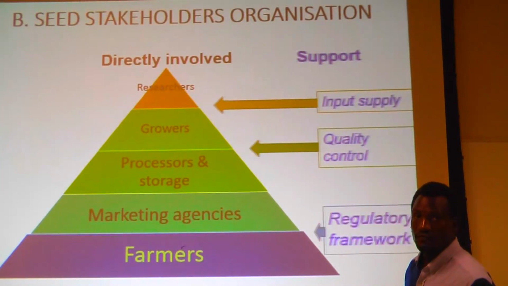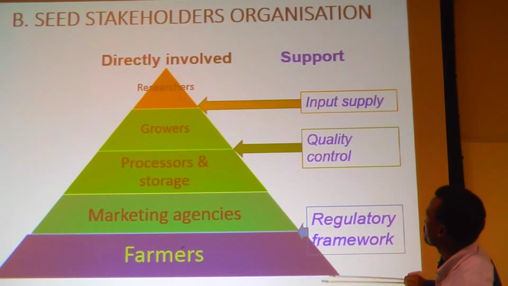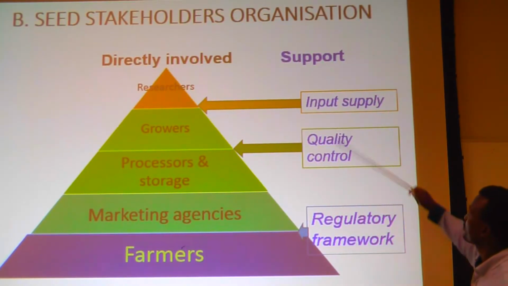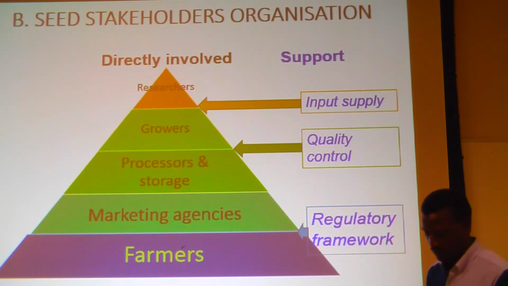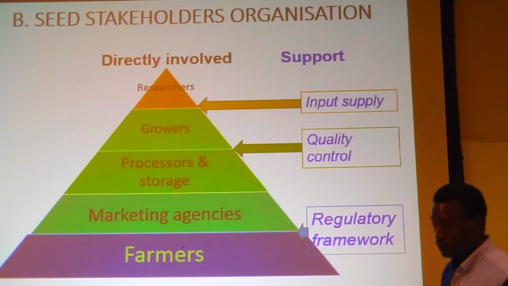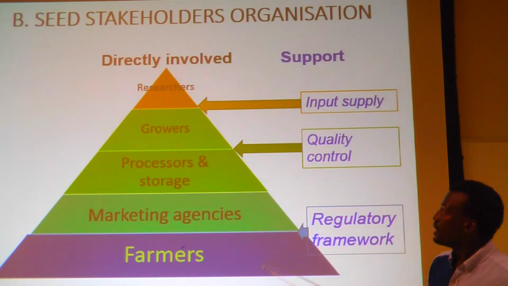We also have those that are not directly involved. Those play a supportive function. For example, input suppliers, quality controllers, and regulatory bodies. So we are now going to look at them one by one.